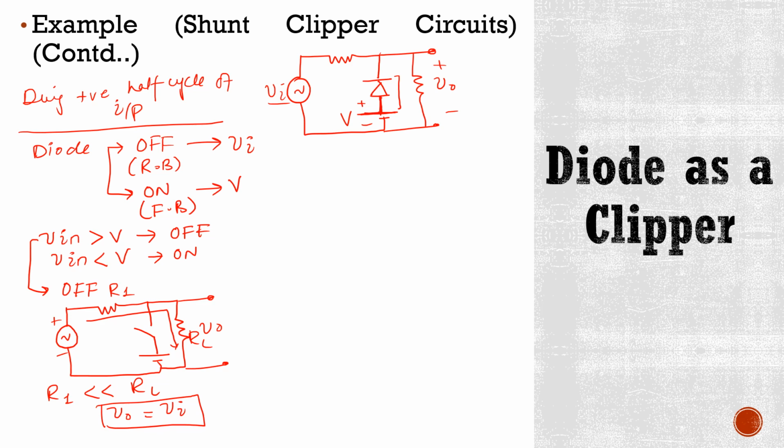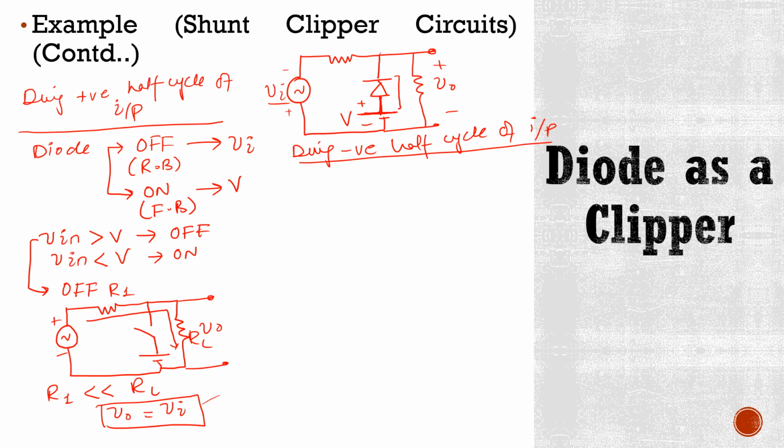So this is our output voltage in case of the positive half cycle. Now what would happen during the negative half cycle of the input signal? In this case we know that this terminal will be negative and this terminal will be positive.